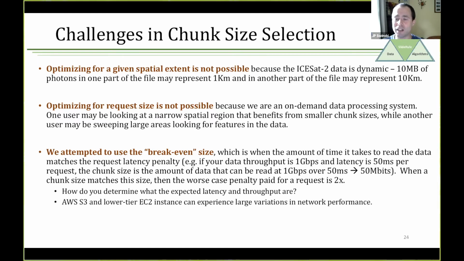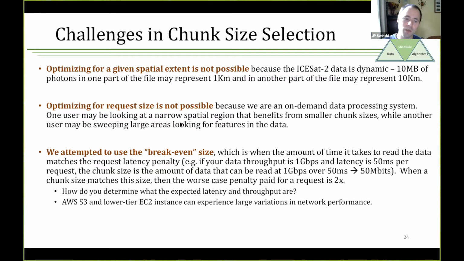Depending upon the intensity of the return, we're a point cloud, so you can have lots of data points within a small spatial region or a few. You could also ask what the request size is going to be, but we're an on-demand system, so we don't know. It's user dependent.